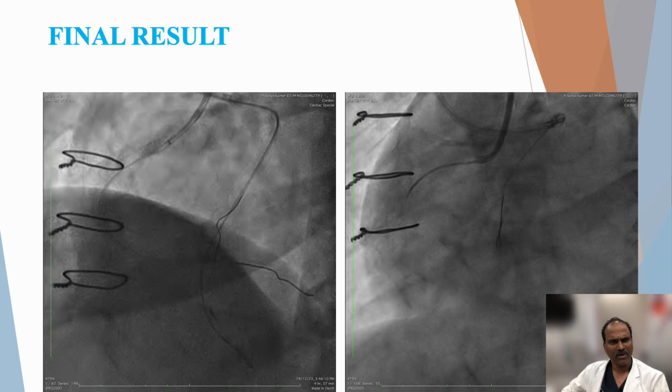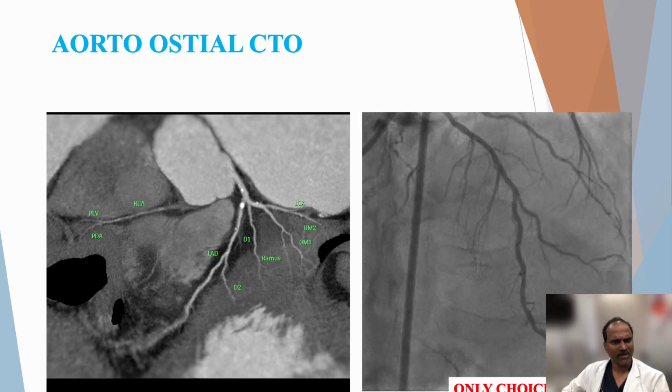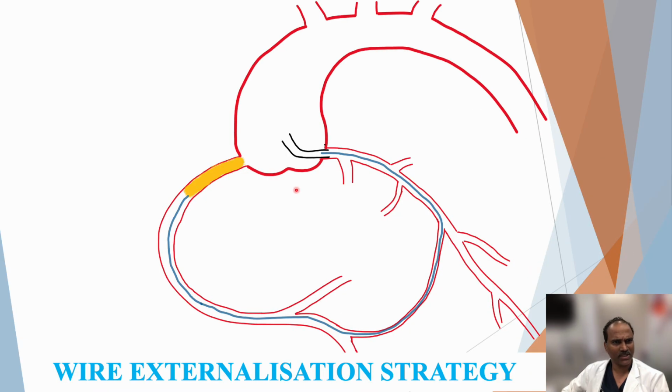In aorto-ostial CTO, what is most important is that only retrograde is the option here, and you have to have an externalization strategy. Once your wire is in the aorta, you have to externalize by snaring the wire.